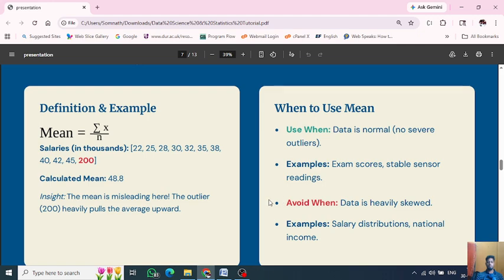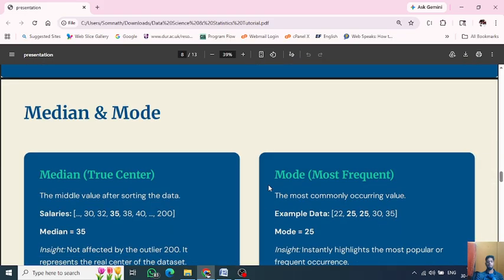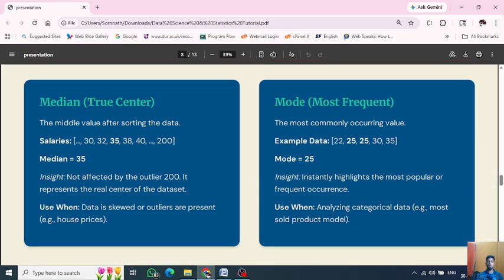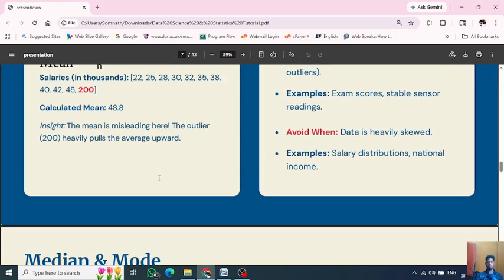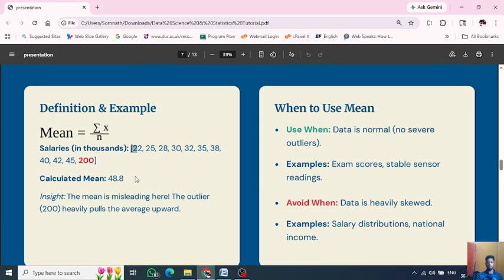So this is the mean. Now going to the median. Median is actually the true center. Now if I take this data and try to find the center of the data, for that we need sorted data. It is sorted data.